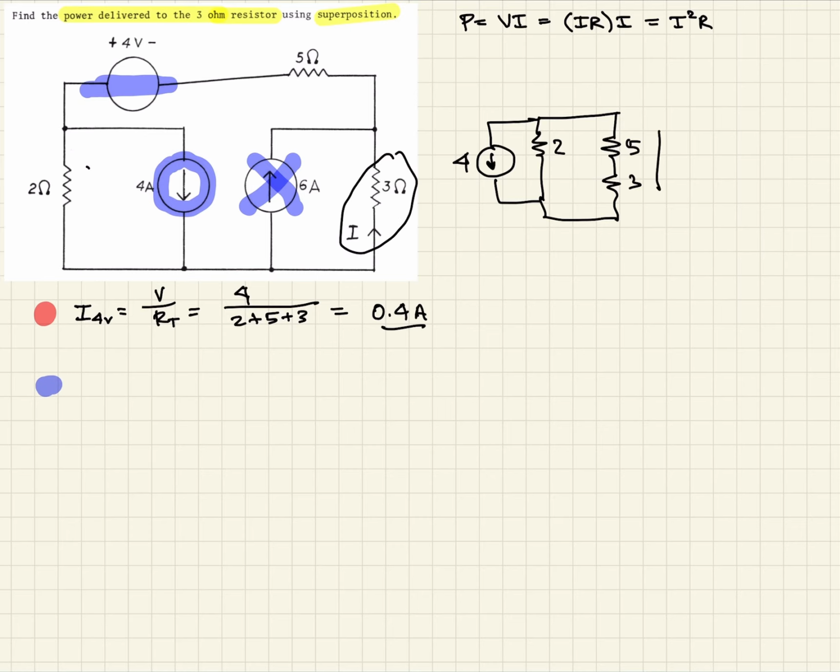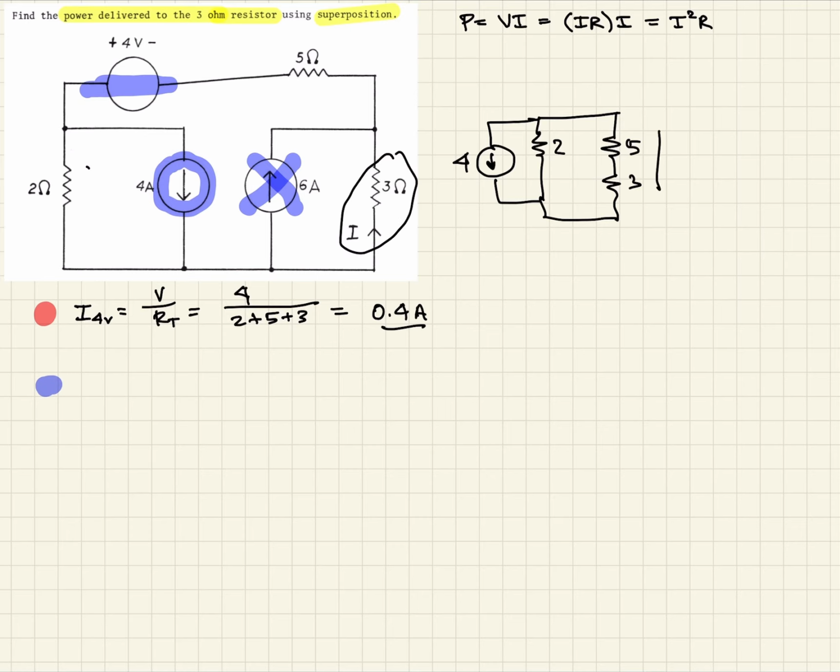The current from the 4 amp source is going to be the total current, times the resistance of the other leg, the one we're not interested in, over our total.